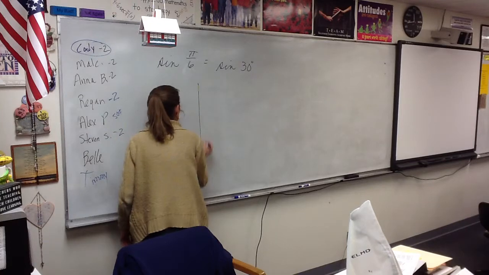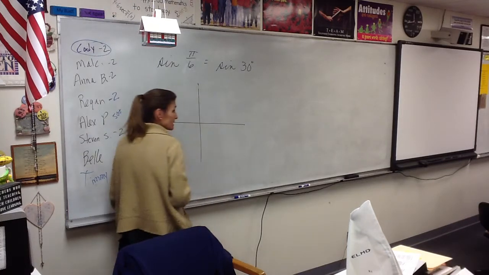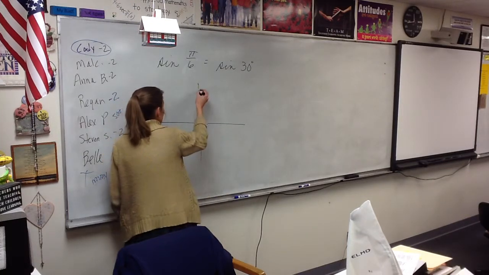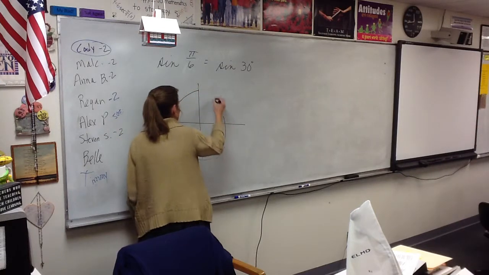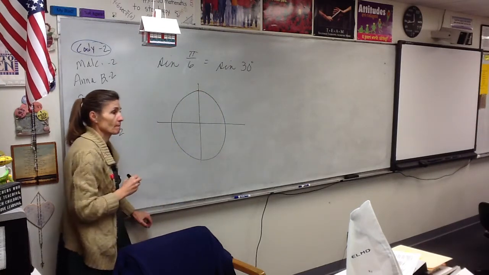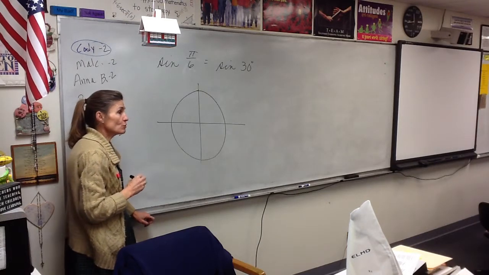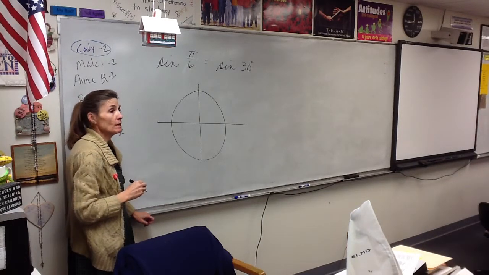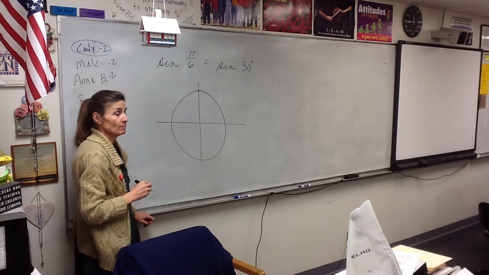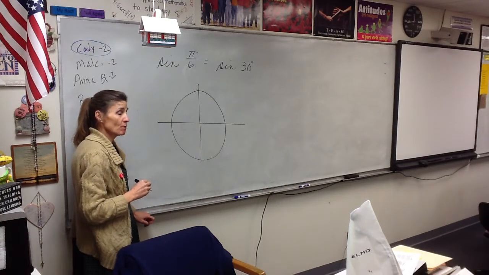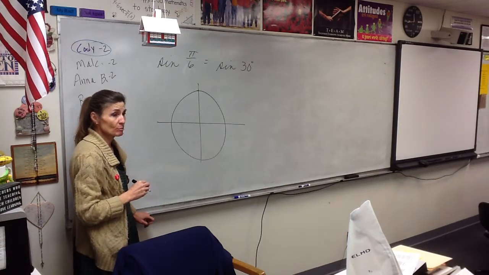So you're going to draw yourself a coordinate axis system, and you're going to draw a circle in it, just like that. Now we're going to draw inside that circle a 30-degree angle. This is different than what we talked about yesterday in terms of navigation.